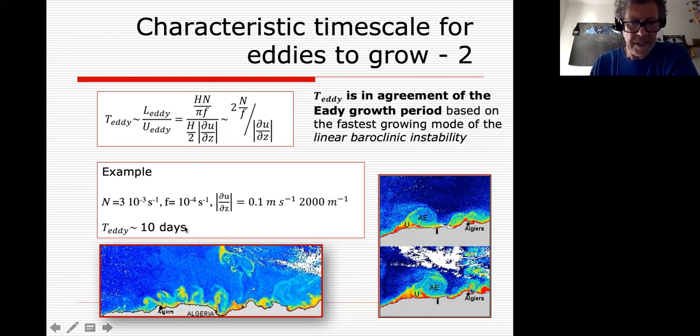And in practice, you have some example of a growing eddy train along the Algerian coast.